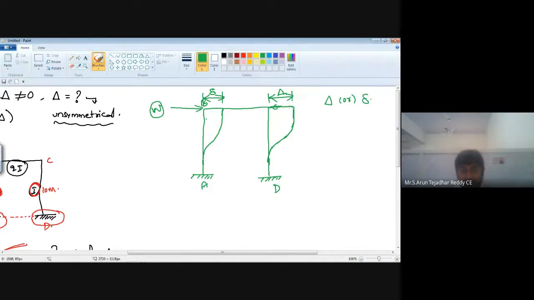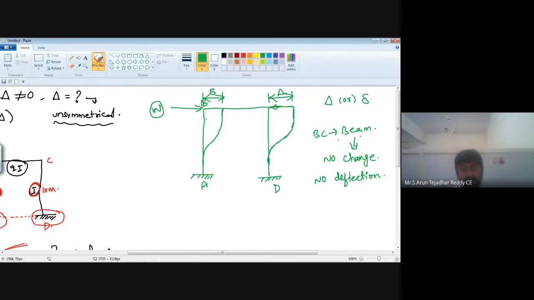But here BC is the beam. BC is the beam, but there is no change and no deflection in the beam.